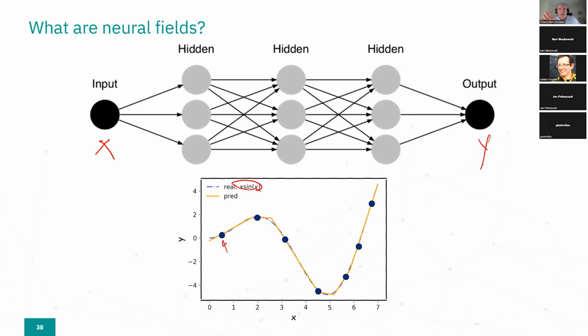And the neural network will learn to approximate the function. And in the end, I can use the network as a replacement for x sine x. I don't need the x sine x anymore. I can use the neural network. And the good thing is it also keeps a lot of properties of that function, including the differentiability.